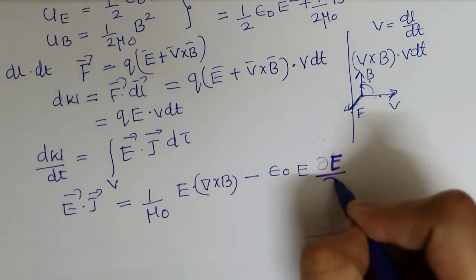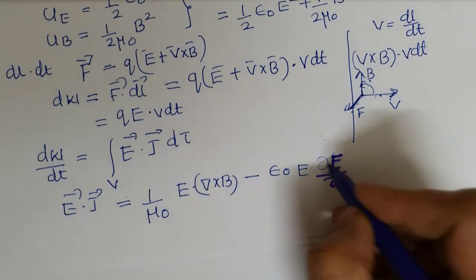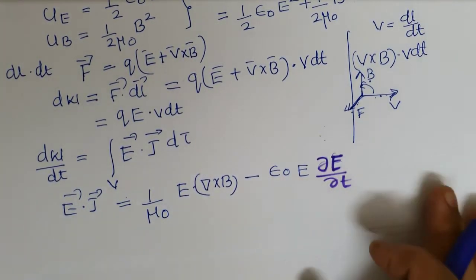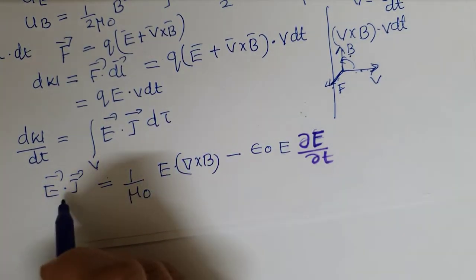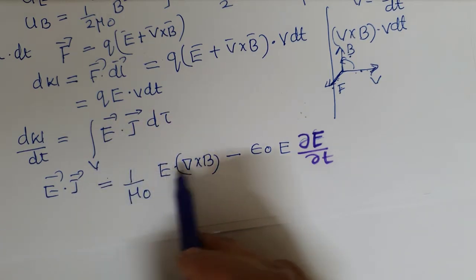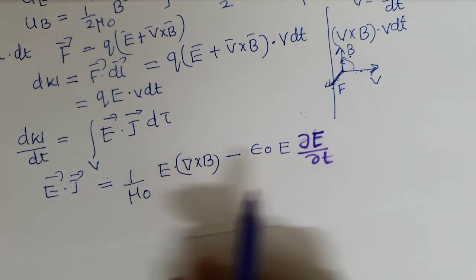To eliminate J, we can represent this equation in terms of E and B.